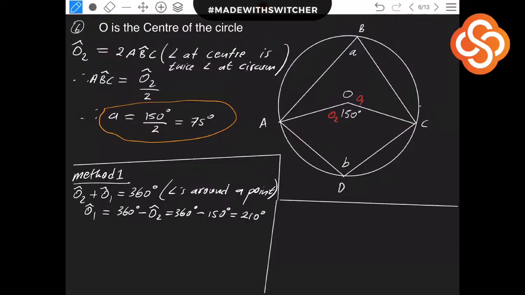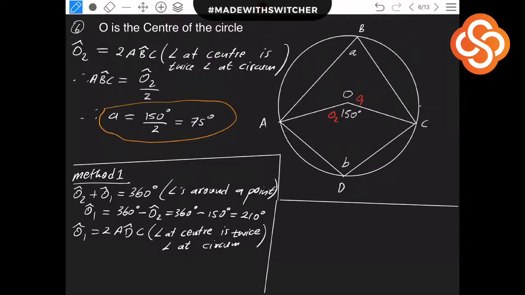Okay, so now the next thing that we're going to do is that we are going to say O1 is 2 times angle ADC. And the reason for this is that angle at center is twice angle at circumference.